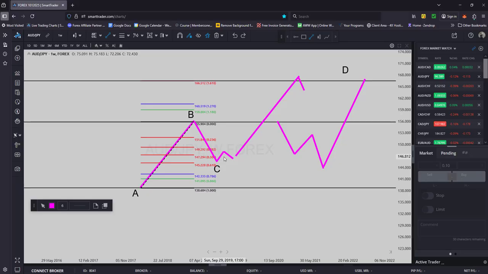So when you have the two lines drawn like this, C is just the deepest point that the market comes back to before U-turning to go.